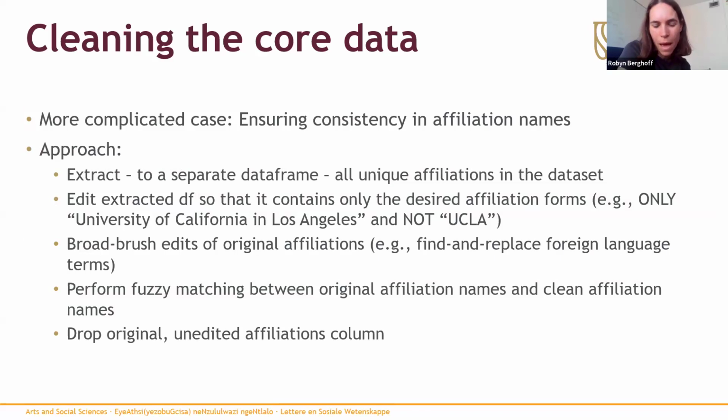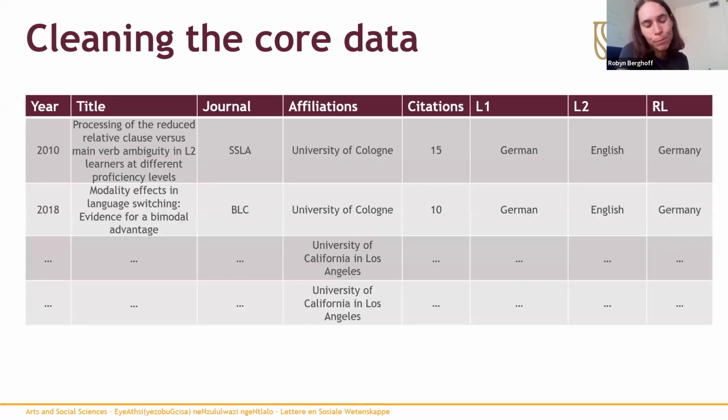You still need to do manual editing where the fuzzy matching doesn't quite work, right? But once you've gone through this process, and it's a bit laborious, eventually you can drop that unedited affiliations column, the messy affiliations column, so that you have only this clean version, so that you have only something like on this slide, the only instance of a label referring to the University of Cologne would be the University of Cologne.